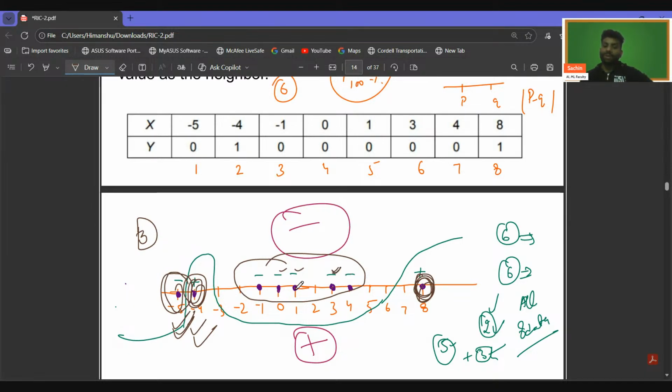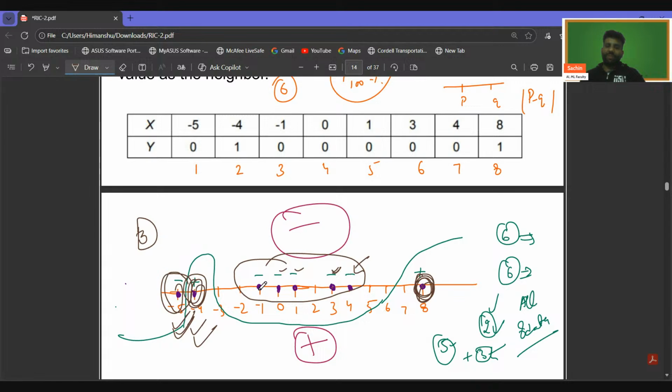What about this? -5 to 4, the distance is going to be 5. I hope you can see that. What about the distance of 4 to this one? This is 8. So I hope you can realize this one is basically having a trouble over here. This can be classified as a positive class if I just pick this one over here.